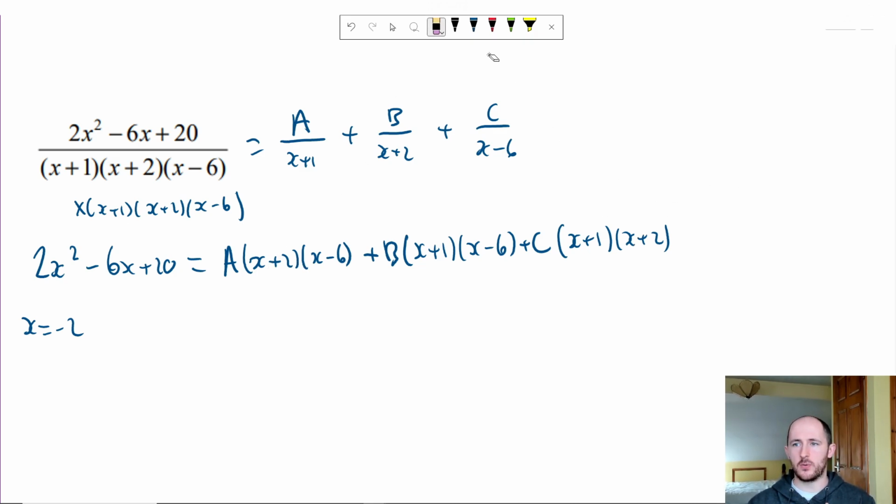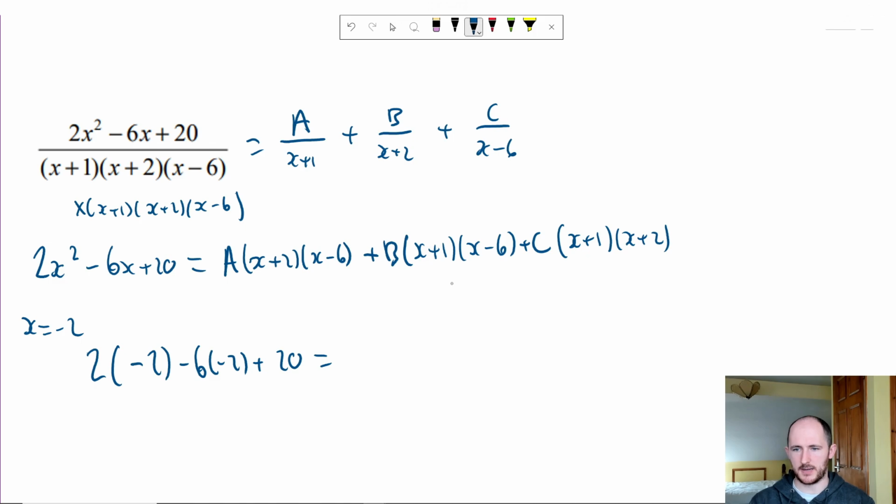And because all three of them have different combinations of brackets, you can still do this. Now this is where I recommend to students use a calculator to work out both sides. Because again, doing this in your head, you will make mistakes at some point, especially when you consider that this may only be a 2 or 3 mark question at the beginning of part A. So I would write the full thing subbed in, and then I would use my calculator to work it out. Again, I know A is going to go to 0, I know C is going to go to 0.